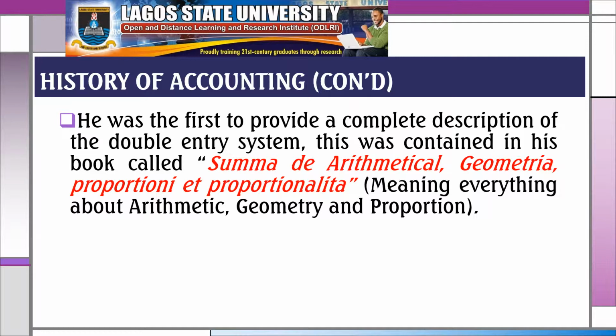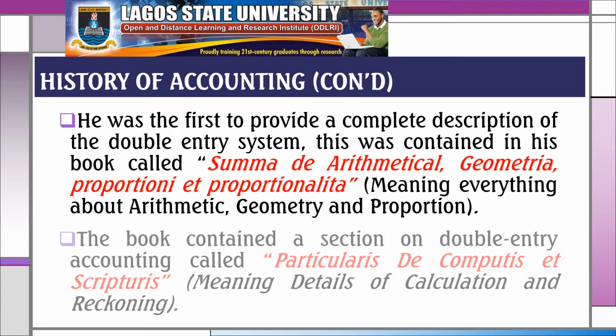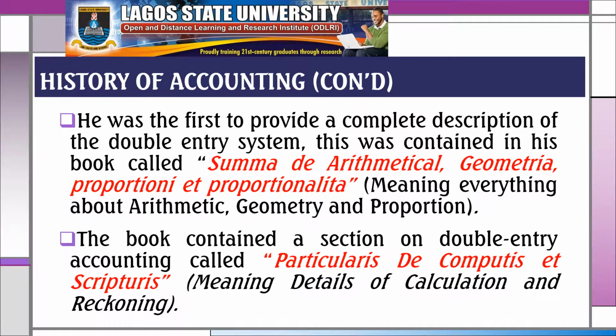arithmetic, geometry, and proportion. The book contained a section on double entry accounting called Particularis de Computis et Scripturalis, meaning details of calculation and reckoning.